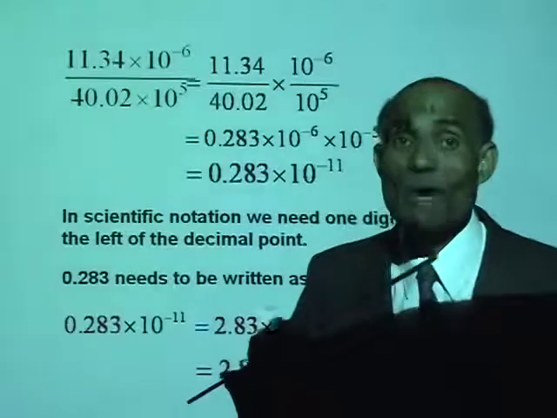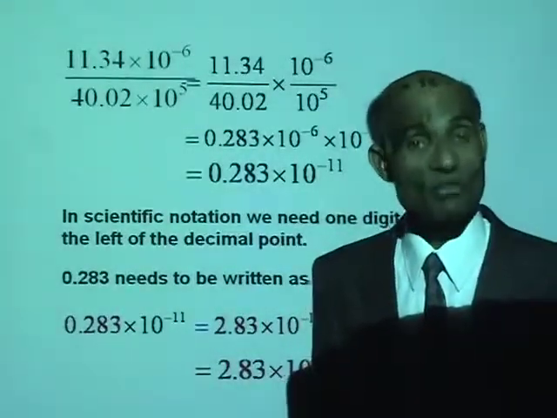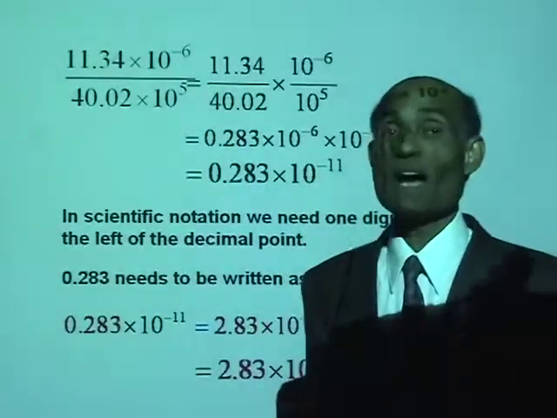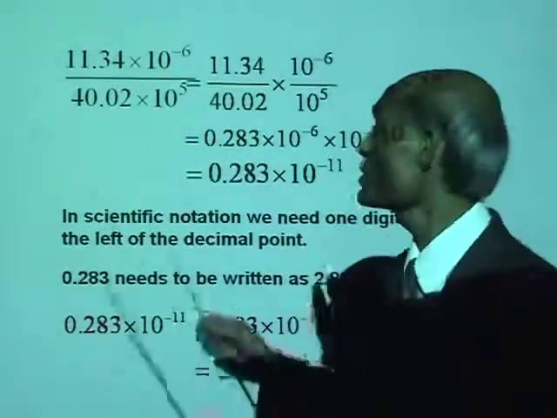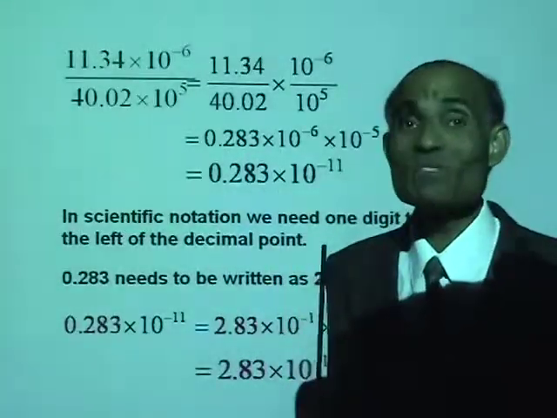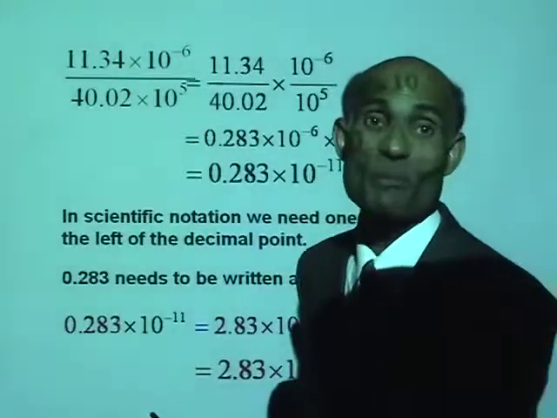Well, you need to practice simplifying numbers in scientific form because that is a very important part. Now, in sciences, we very often use numbers like this. So you must be thorough with simplifying numbers in scientific form.